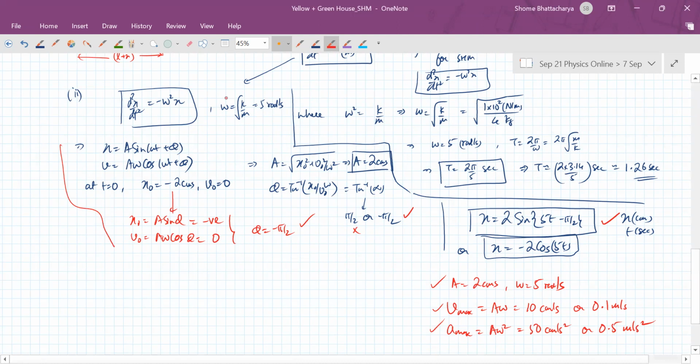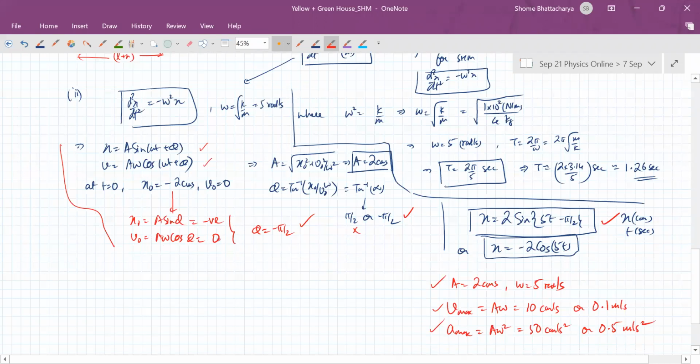So see, once you got d2x by dt square is minus omega square x, you know that it means that x is a sine omega t plus phi, right? In general, and v is like this. So at t equal to 0, what will be the value of x? It will be a sine phi. And what is the value of v at t equal to 0?